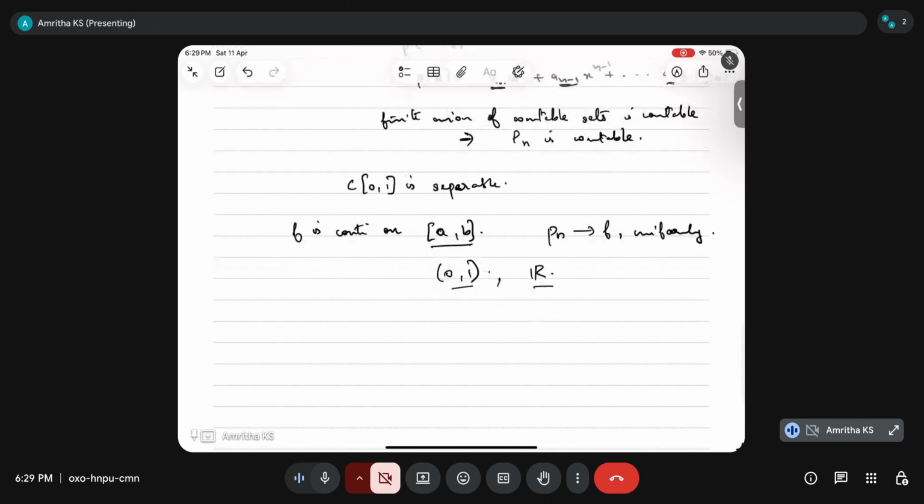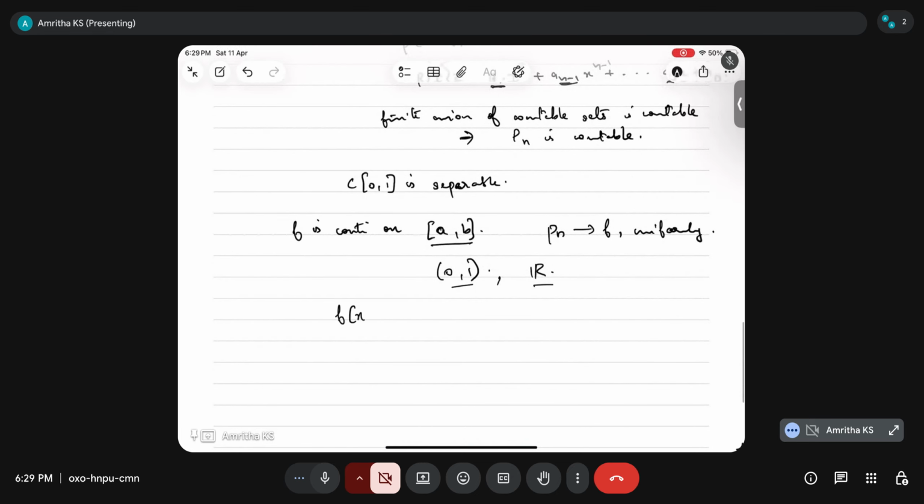For example, you can take f of x equal to 1 by x on (0,1). Okay. Now this is continuous.